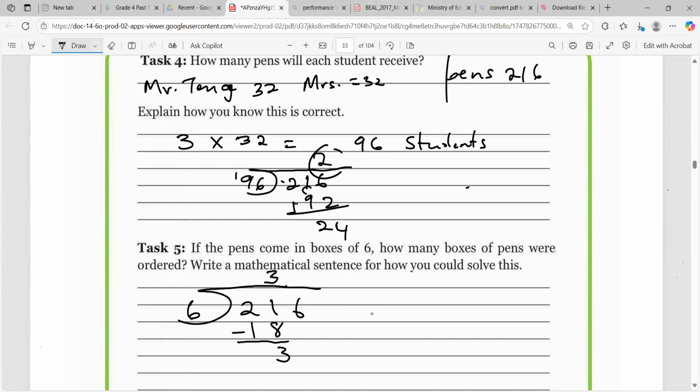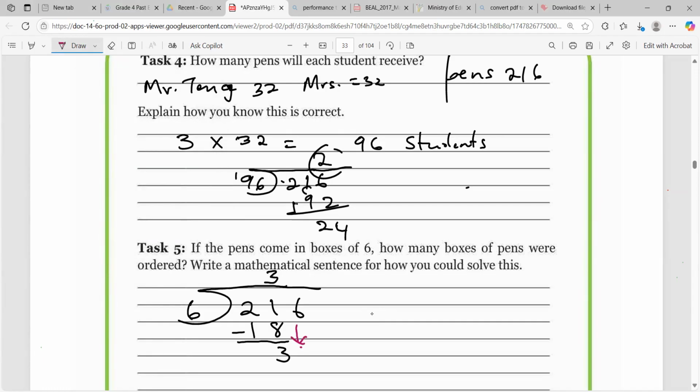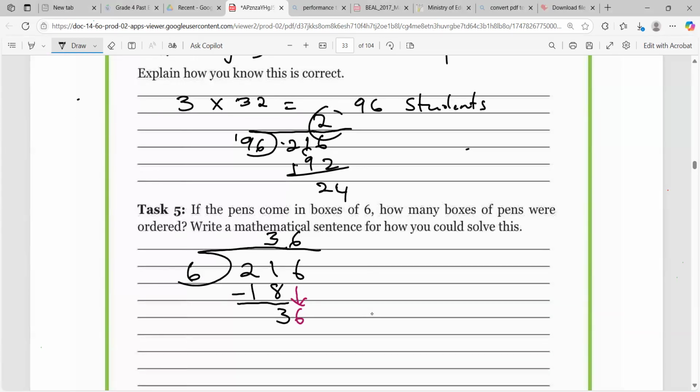Then you're going to bring down the 6. And then say 6 into 36 goes 6 times. Then you say 6 times 6 is 36. And then subtract it and then you get 0.